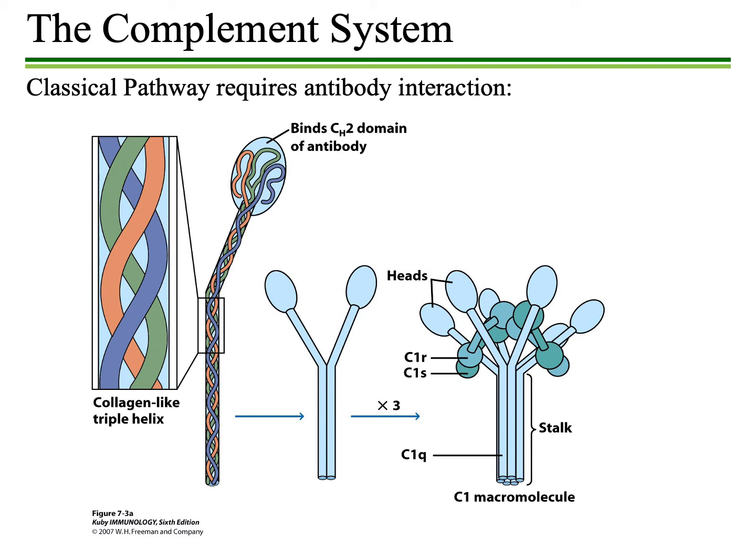The C1 macromolecule recognizes and binds to the Fc portion of the antibody, and you have the Fab portion of the antibody binding to the antigen that's part of the pathogen. And so it is this complex antibody, antigen, C1 macromolecule interaction that then triggers this particular pathway of activation.